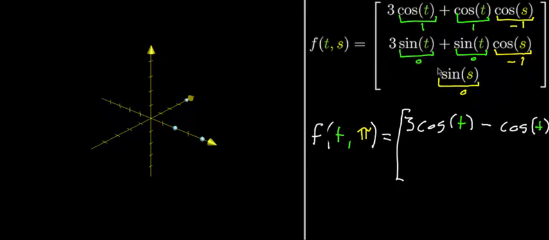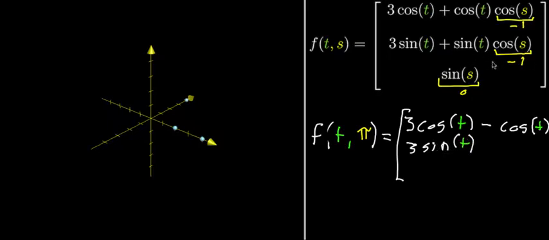I should probably erase those guys actually. So we're no longer evaluating at when t was 0. So 3 times sine of t, that's just still the function that we're dealing with. 3 sine of t.